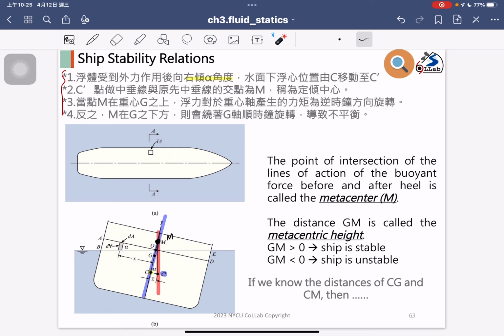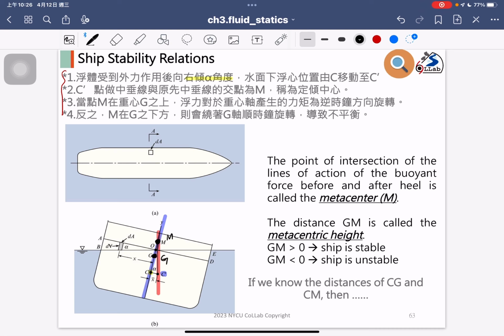And the third step: after we draw the metacenter point, we will compare the metacenter point with the G point in here. What is G? G is the gravity center, right? So we have the G point in here.